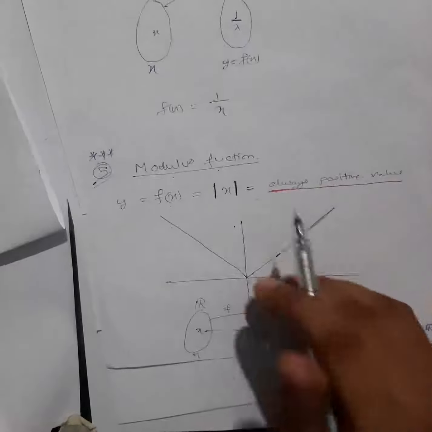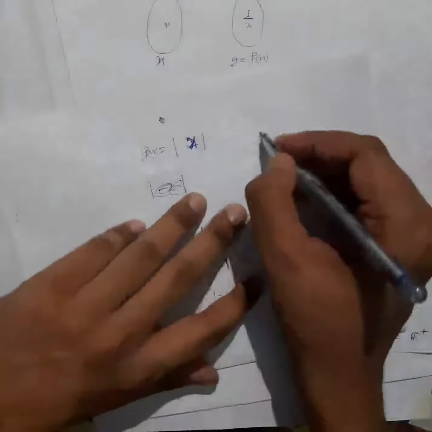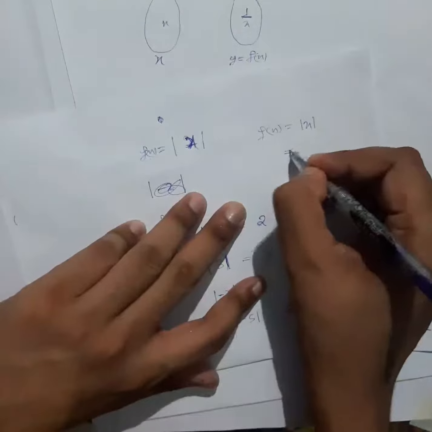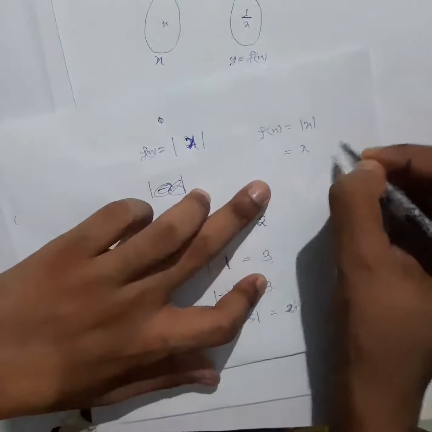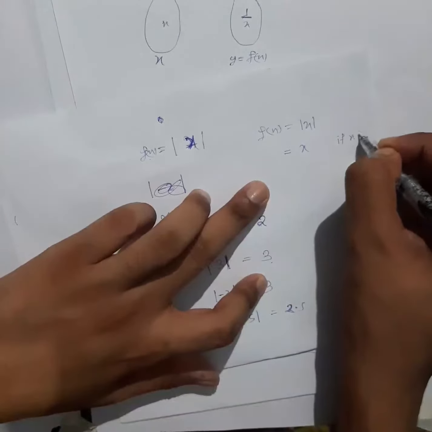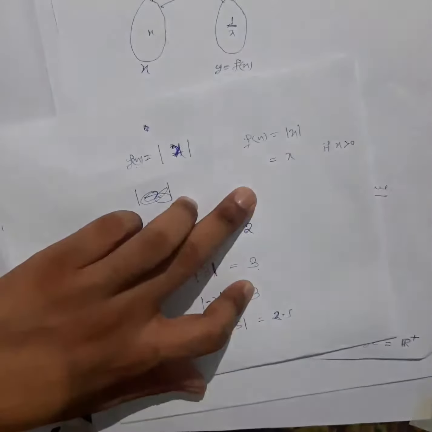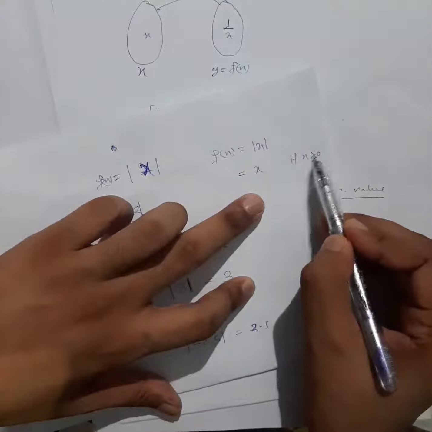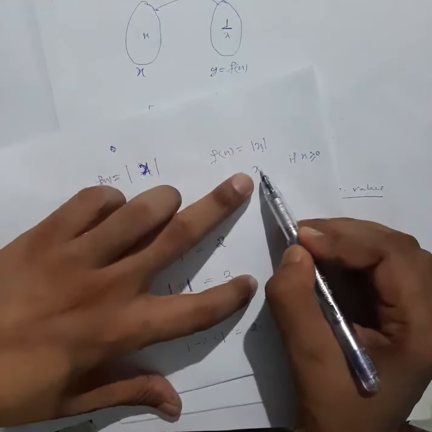So in a general way I can write this like this also: f(x) equal to modulus of x, which I can write equal to x, if x is greater than or equal to 0. Greater than or equal to 0 means what? If I take x as 0, then the output will be 0 only.